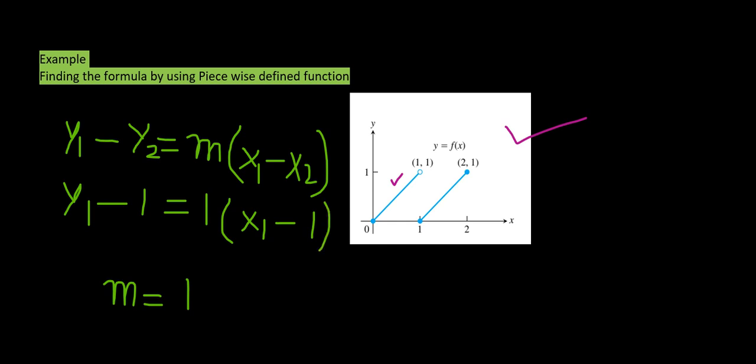So now we can multiply 1 inside the bracket.